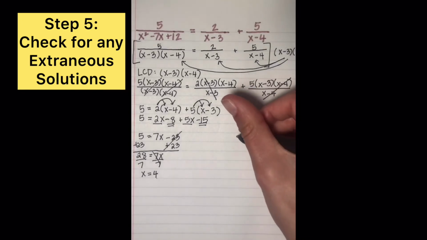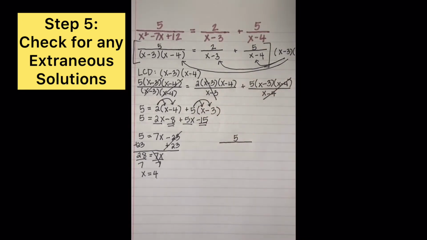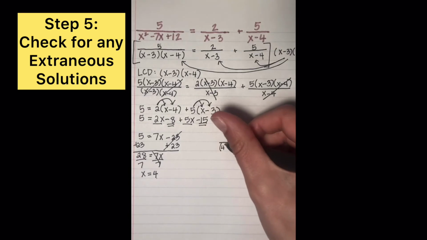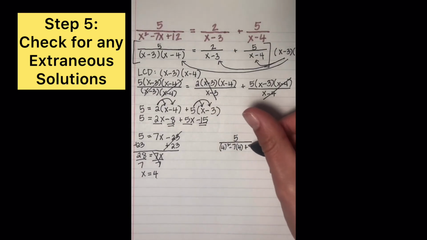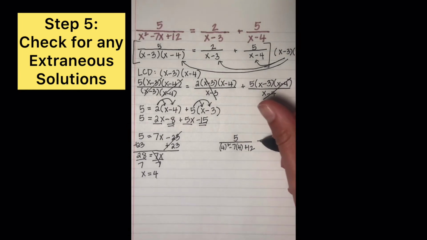So I've got 5 over 4 squared minus 7 times 4 plus 12 equals, with a question mark, 2 over 4 minus 3 plus 5 over 4 minus 4.